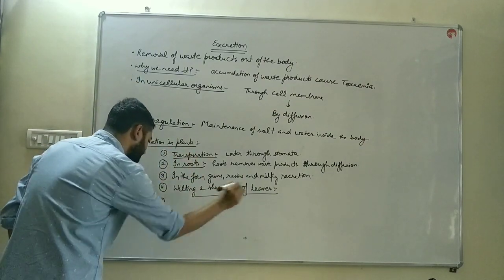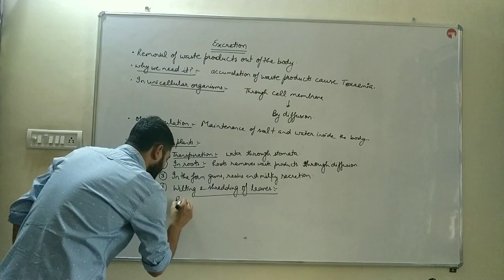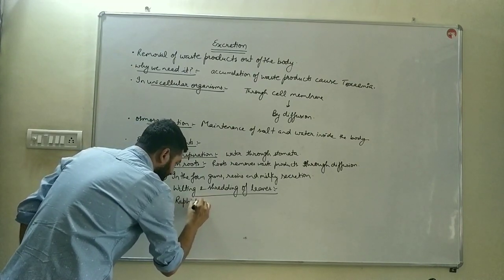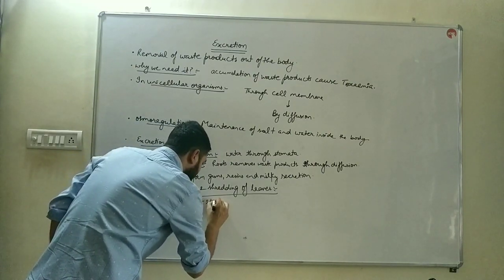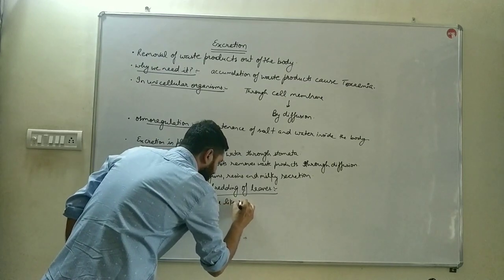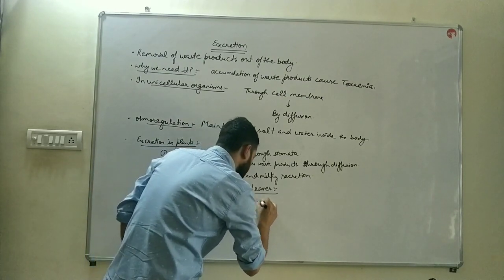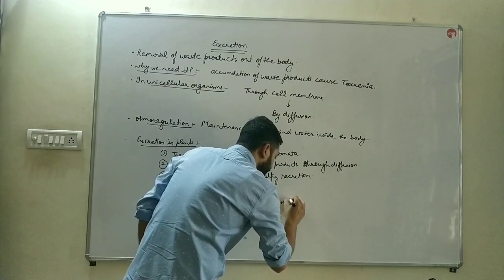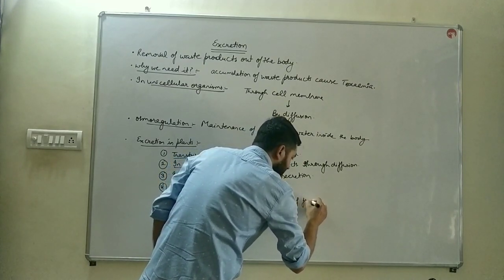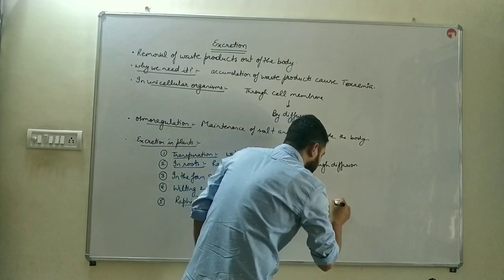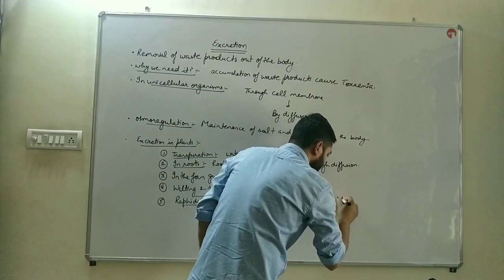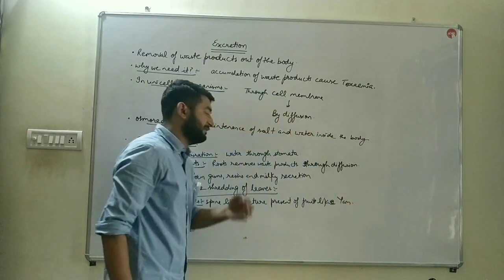Next, raphids. Raphids are spine-like structures present on some fruits like yam, jamikand, and kiwi.